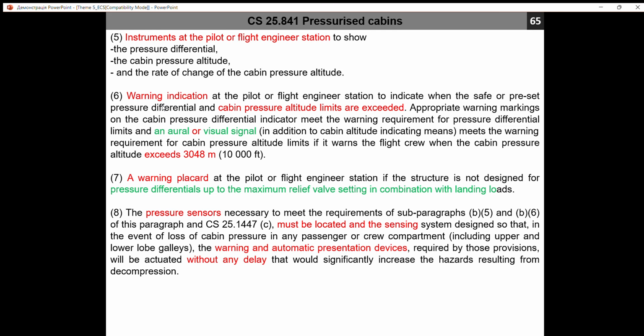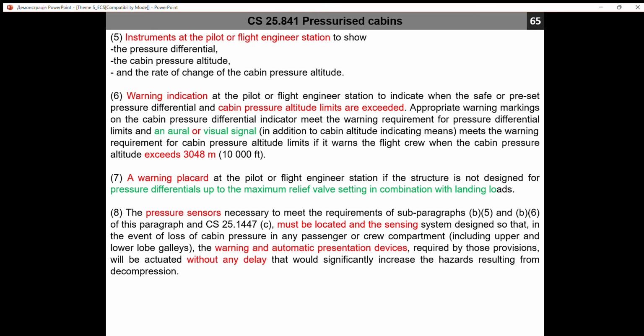Next, you also need a warning indication, because an unpressurized cabin is a potential problem for our operation.